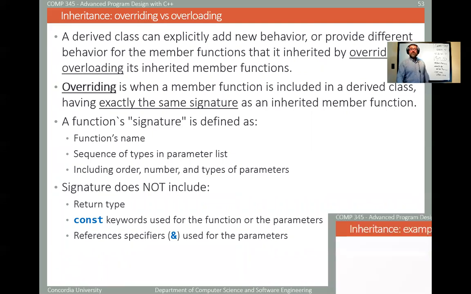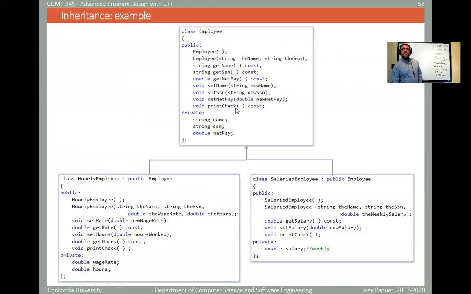For example, in this case, we see that print check at this level has been declared as const, whereas this one has not, but still this one overrides this one because, as far as the overriding rule is concerned, these have exactly the same signature, because const is not counted in the definition of a signature.